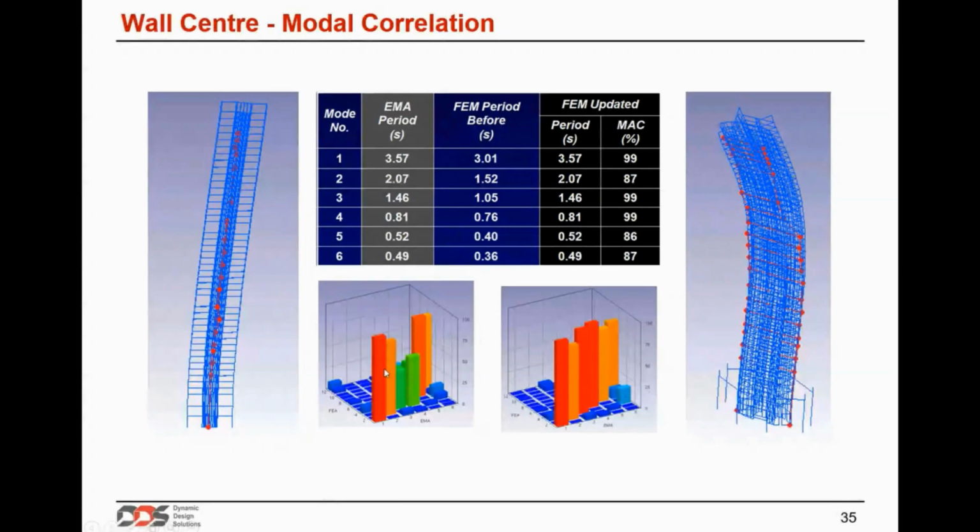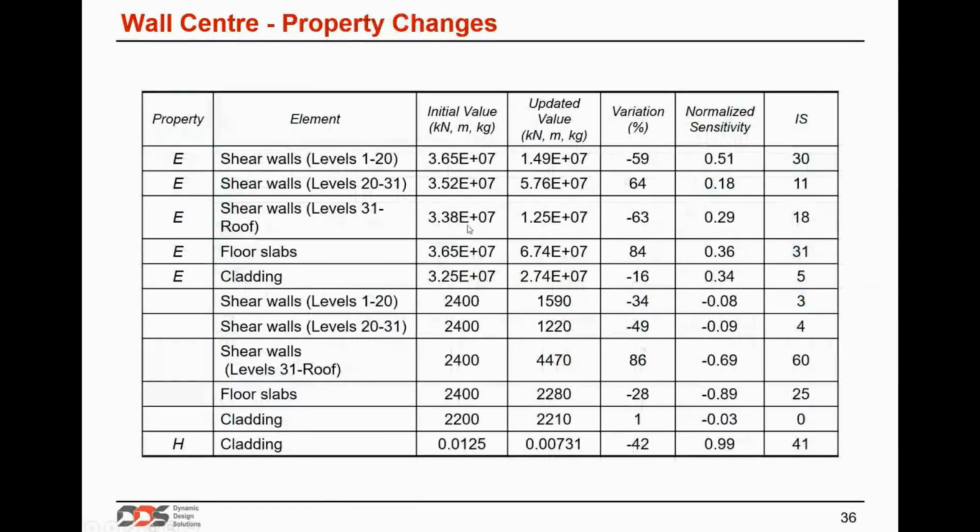There was mainly an issue with the 3rd and the 4th mode shape. The others were already well predicted before updating. And here are some examples of changes. E is the elastic modulus, H is the thickness.